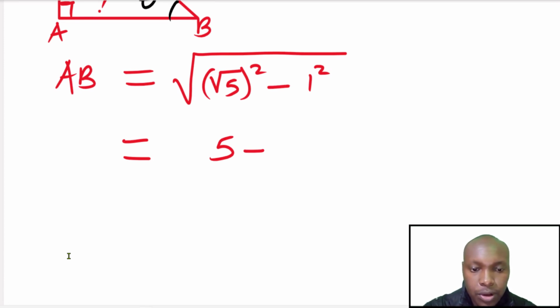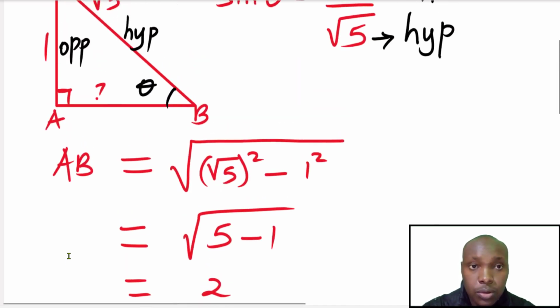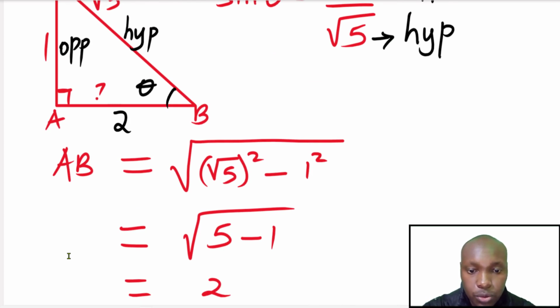Root of 5 squared will give 5, then subtract 1 squared, which is 1, so you get the root of 4, and that is 2. So the missing side is therefore 2.